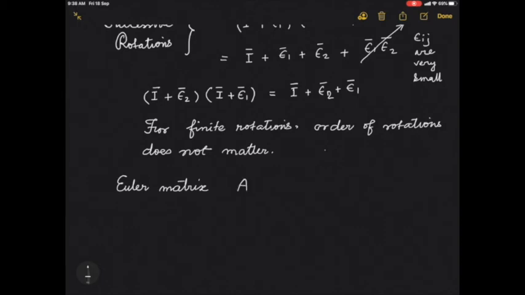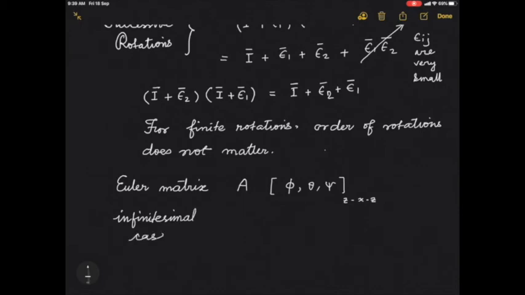Now let's talk about the Euler matrix A, which was parameterized as phi, theta, and psi. Remember, this was z, x, z sense of rotations.